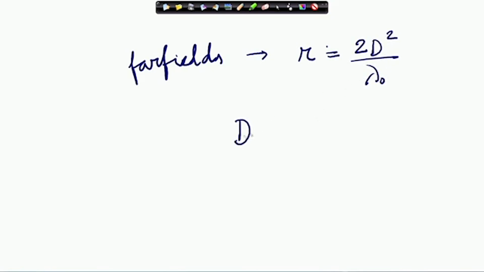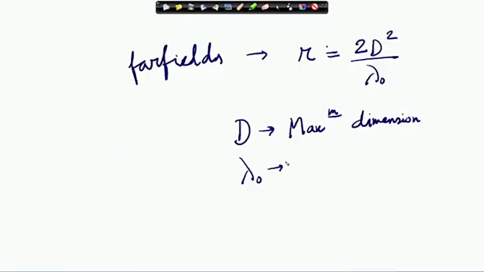This d is the maximum dimension. Suppose an antenna is a rectangle: the length is the largest dimension. For wire antennas it is the total length, for any other type the maximum dimension of the antenna, whether length or breadth, or sometimes for a rectangle the diagonal you can take.